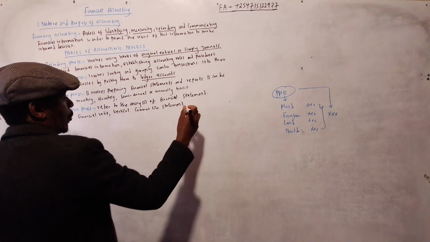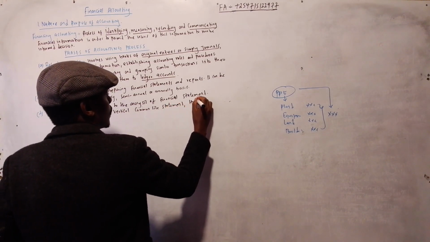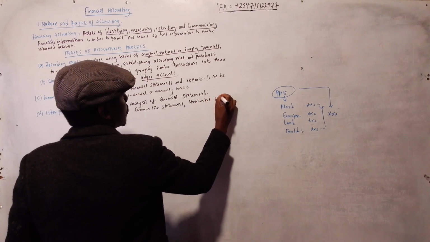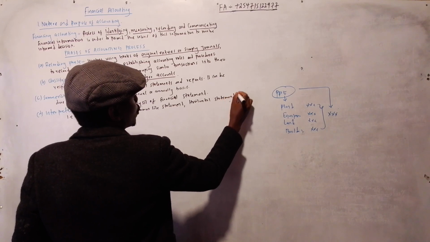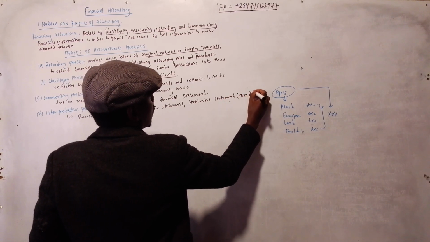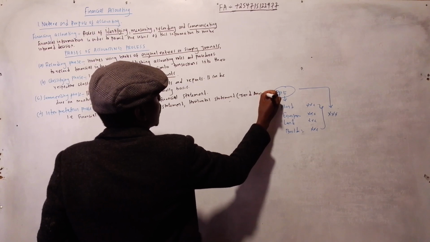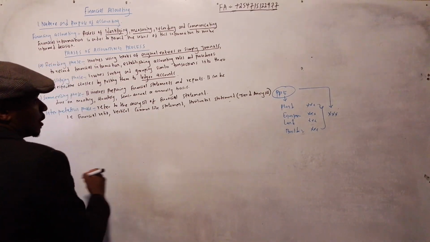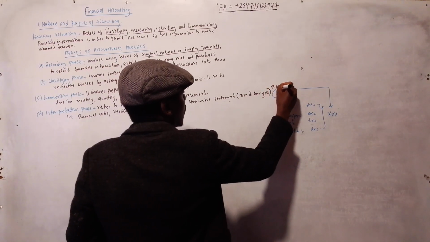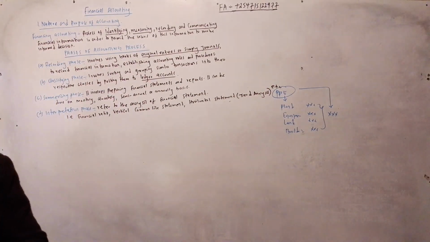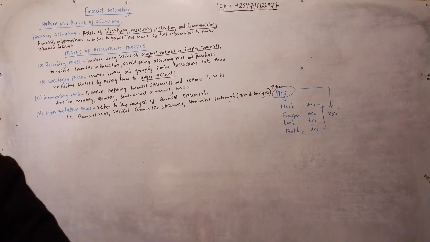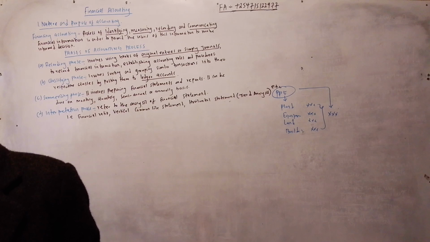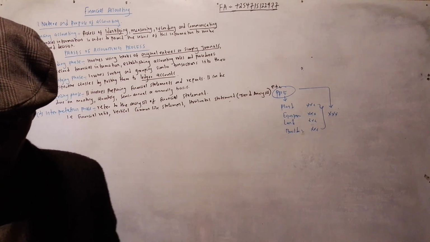We have the horizontal statement, which we also call the trend analysis, etc. So those are some of the phases that you can find.